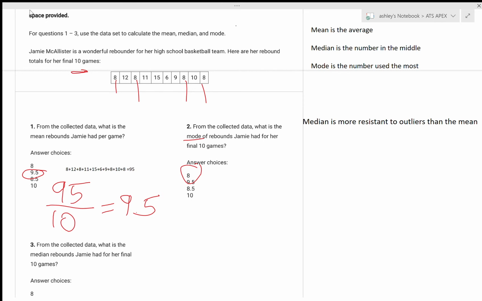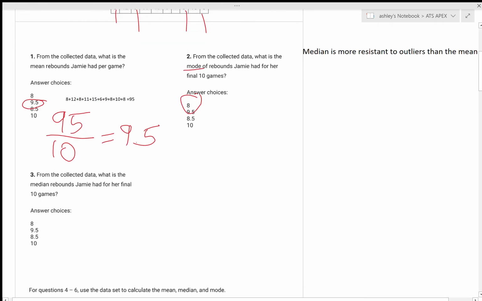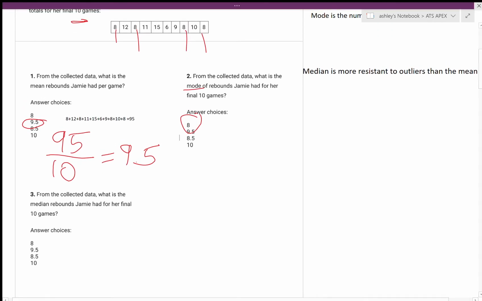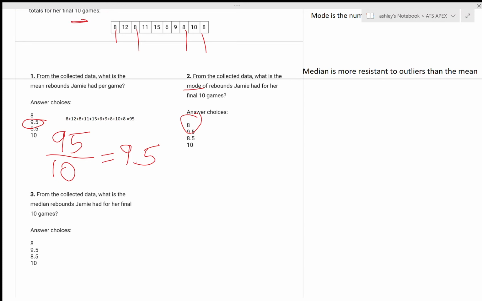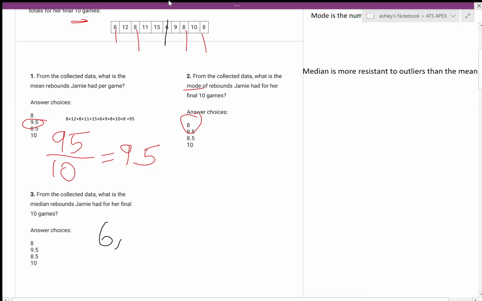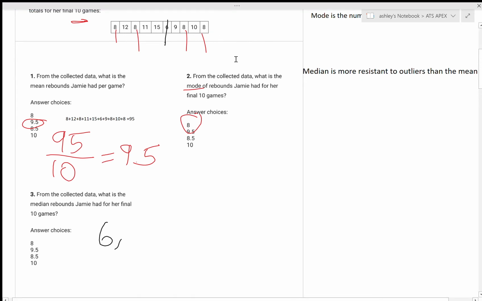Finally, I'm going to do my median. The median is the number in the middle. So the way I find the number in the middle is actually to first line up my data from smallest to largest. So 6. The next smallest number after 6 is 8. And you might say, well, there's 4 8s, so do I have to write 8 4 times?